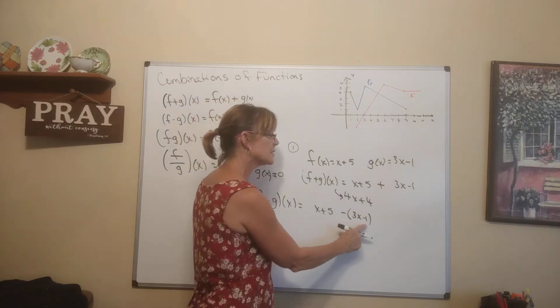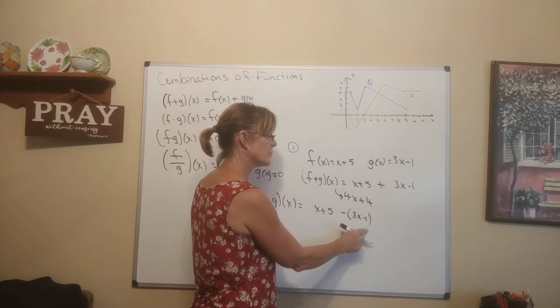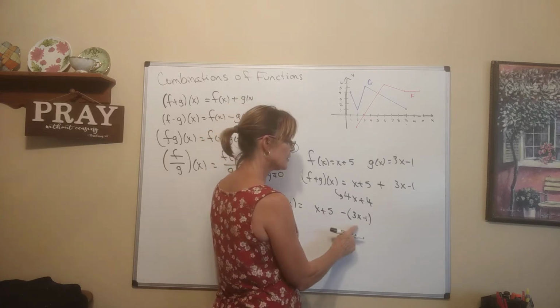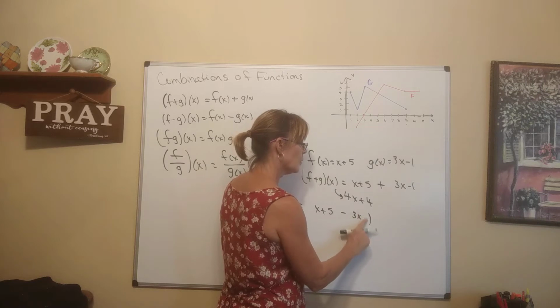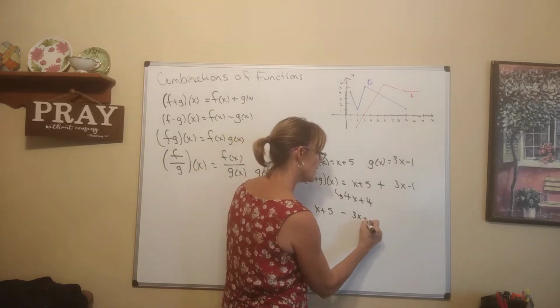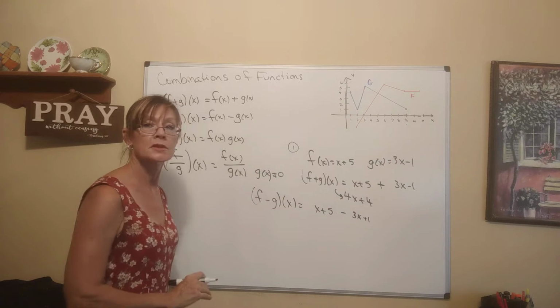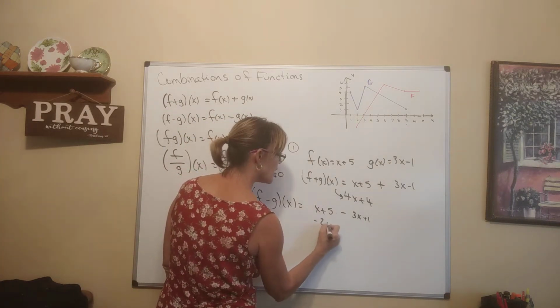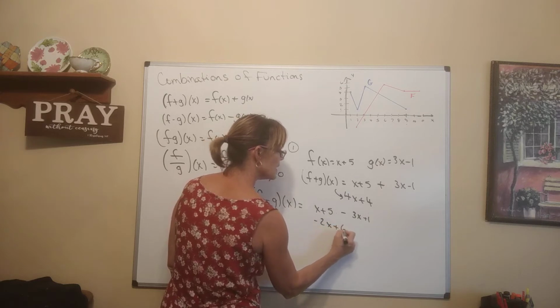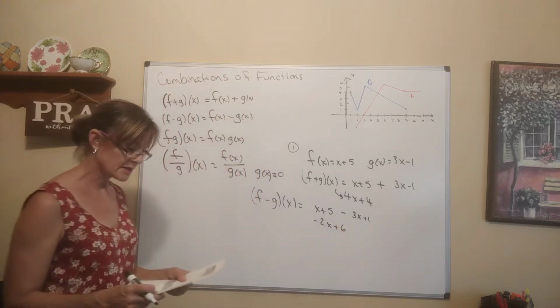To free up these terms, you must distribute it to both terms. So -1 times 3x is -3x, and -1 times -1 is a positive 1. At this point, I'll combine like terms. That's really important. 1 minus 3 is -2x. 5 plus 1 is 6. And this is what f minus g of x equals.